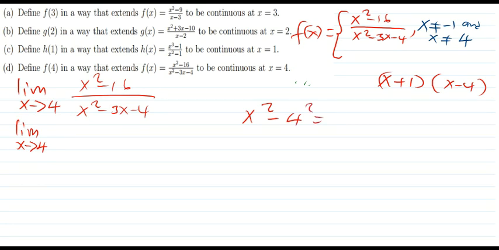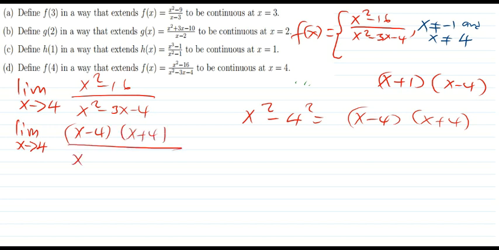So this is x minus 4 and x plus 4. So I'll replace that one with x minus 4 and x plus 4. Down part I'll replace with x plus 1 and x minus 4. Now I'm doing this because if I plug in 4 directly, I'll get 0 over 0. This and this can be cancelled.